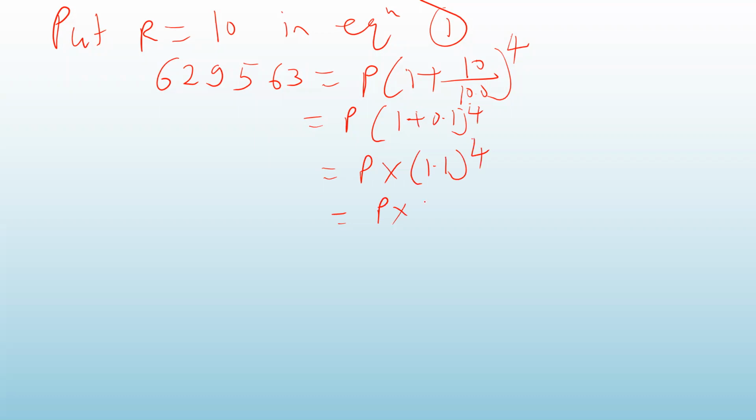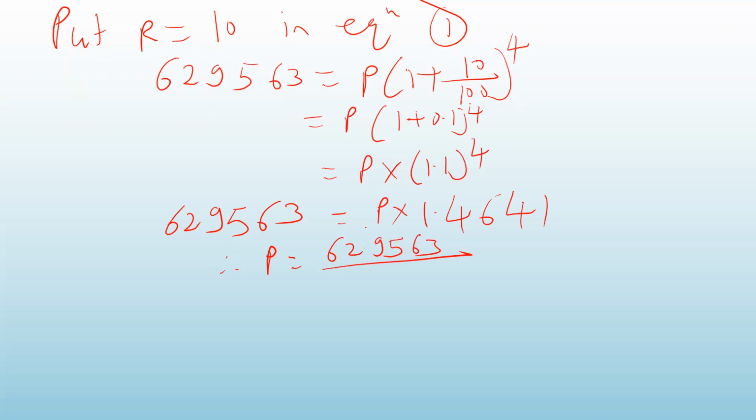That gives you 1.4641. And the left hand side is 6,29,563. So what will be the value of P? You will divide the left hand side by 1.4641, that is, 6,29,563 divided by 1.4641.